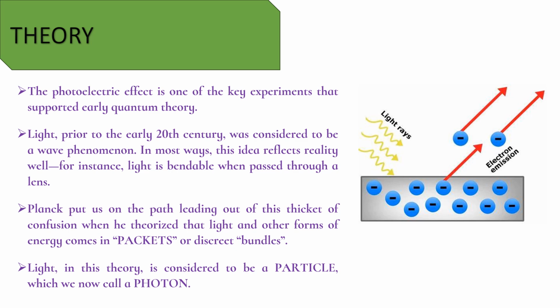The whole idea of that is, light, of course, before the 20th century, behaves like what? Behaves like a wave. It has wave properties. However, Planck put this perspective in another dimension by theorizing that light and other forms of energy come in packets or discrete bundles, and light in his theory was then considered as particles, which are now referred to as photons.